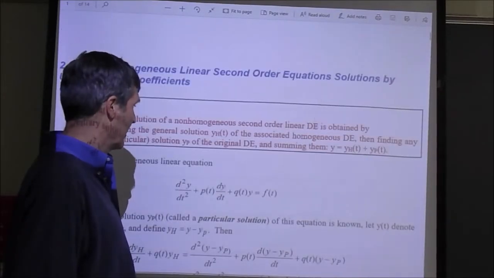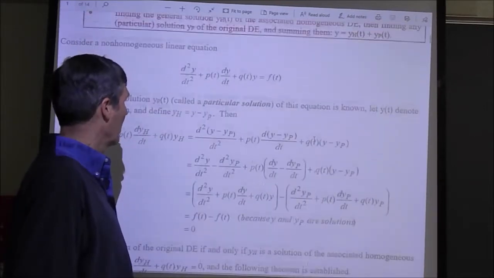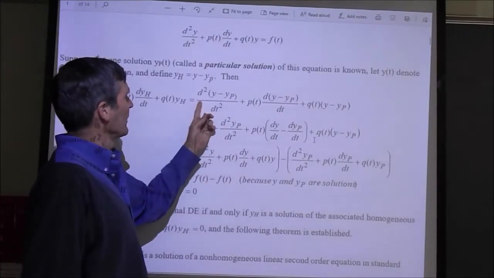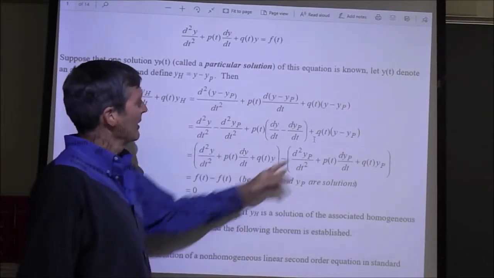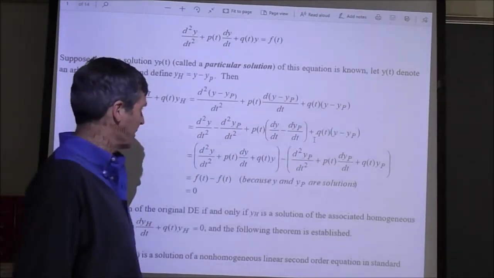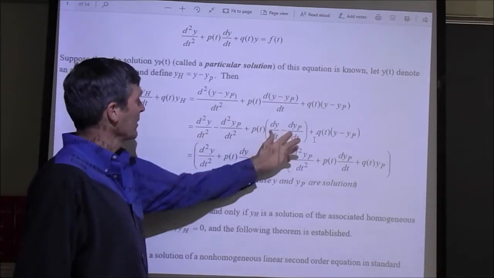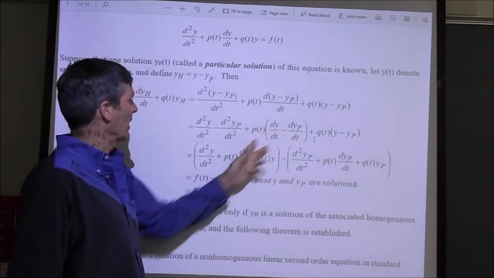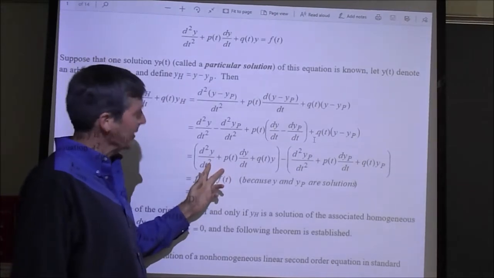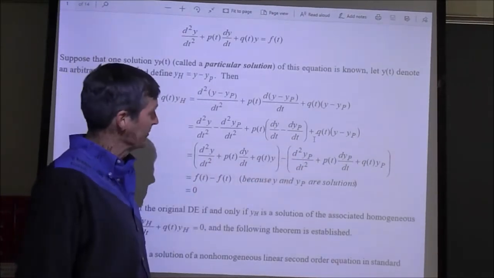And then the derivative of the difference is the difference of the derivatives. Same thing with the second derivative. And multiplication distributes. And you can then separate these terms into the ones that involve y, and the ones that involve yp.